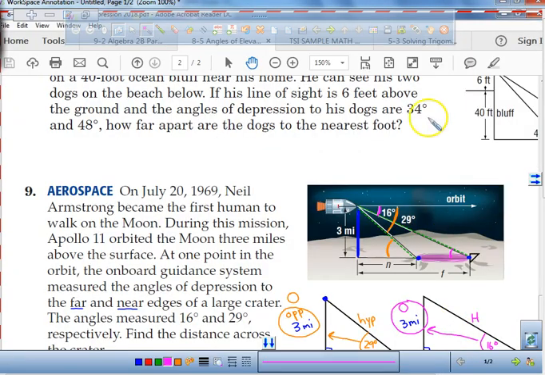It's 5.1 miles. Now, what does that mean? That means the distance from this side of the crater all the way to the other side of the crater is 5.1 miles. That is a large crater.